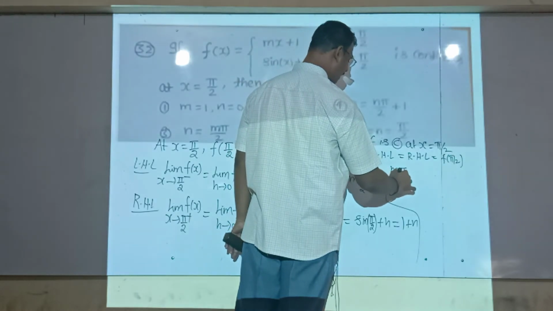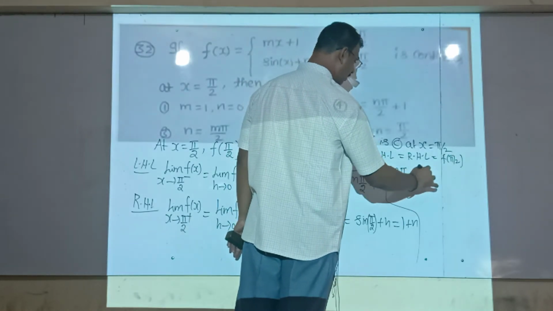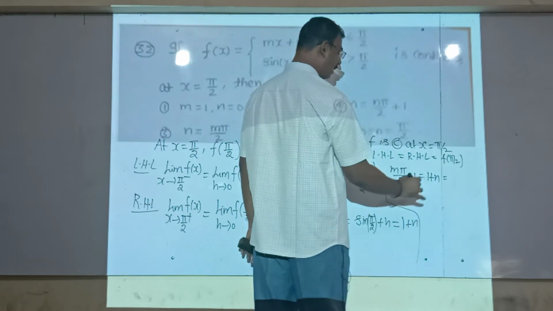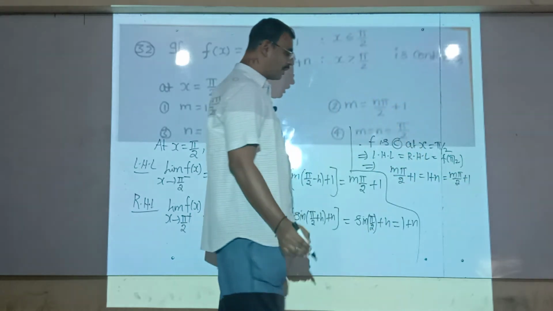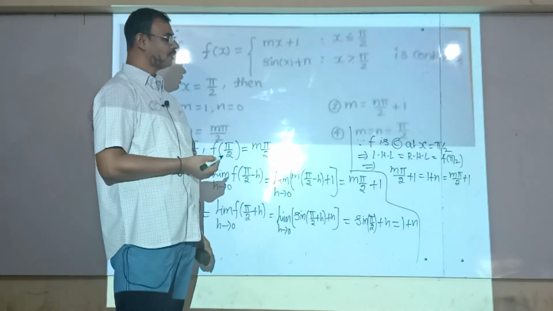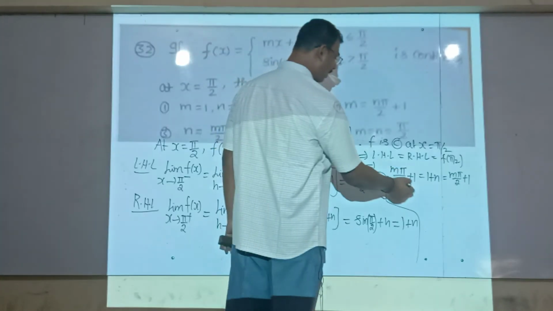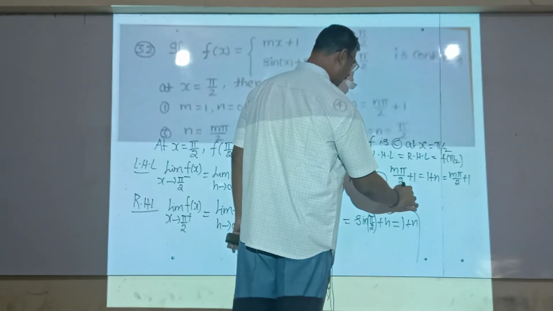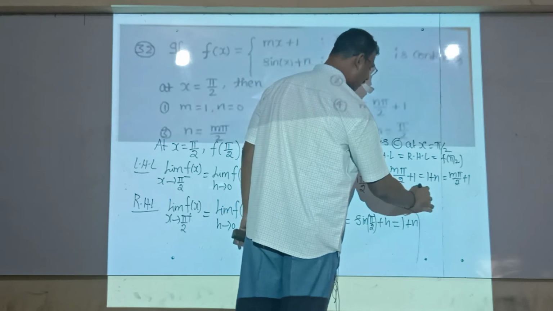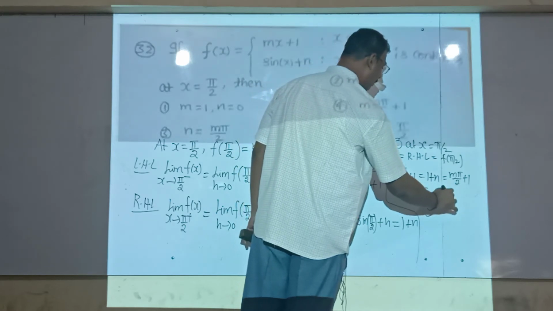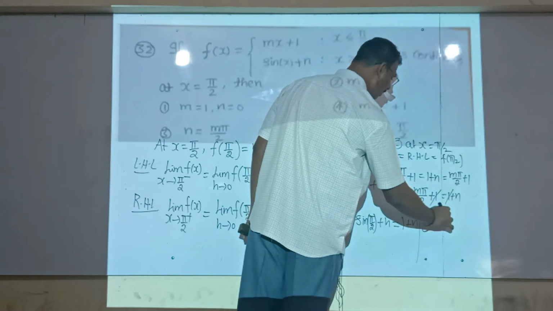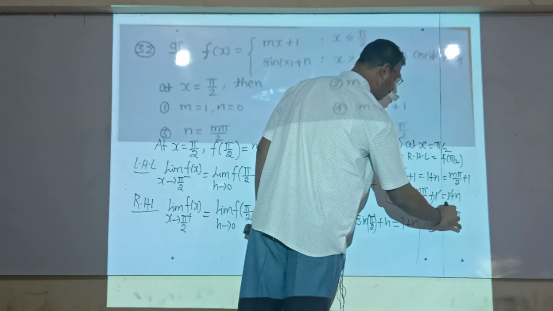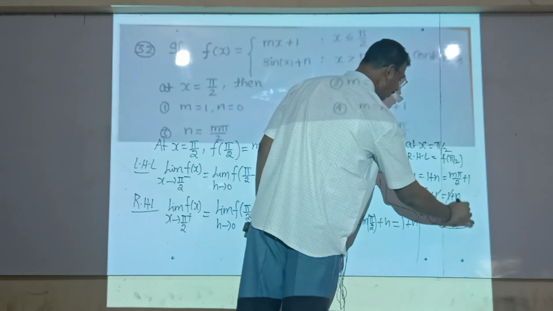The right hand limit is 1 plus n. Now equating any two terms, any two different numbers, I am equating these two. m pi by 2 plus 1 equals 1 plus n. On both sides the 1 cancels, so n is equal to m pi by 2. That is the answer.